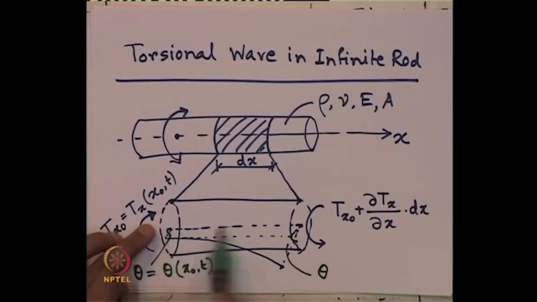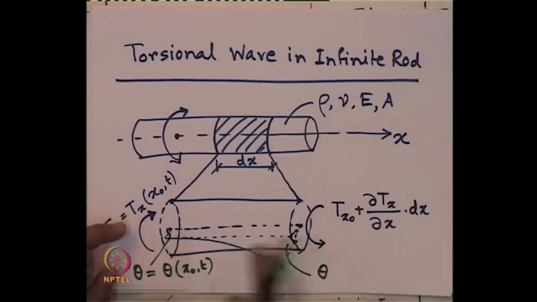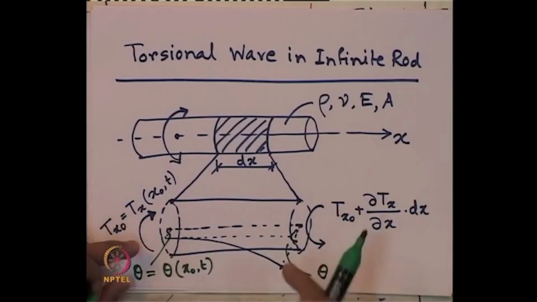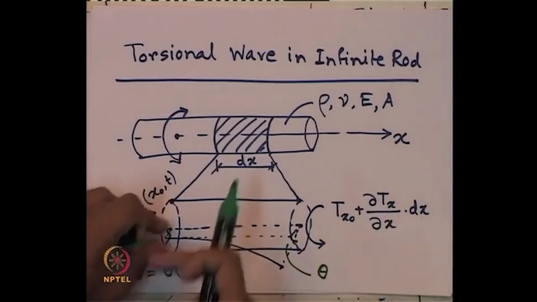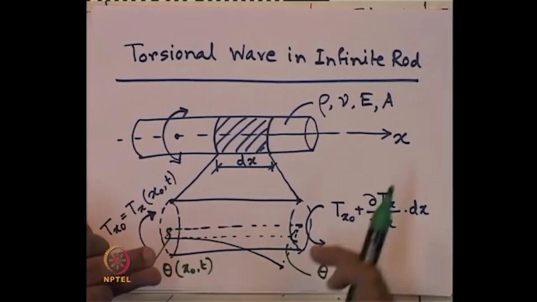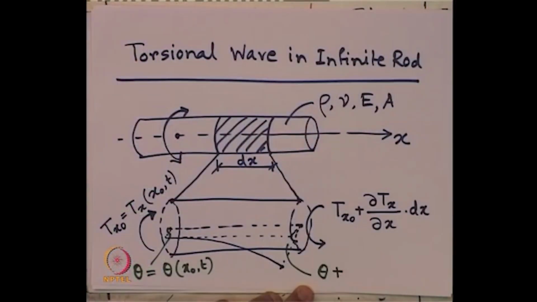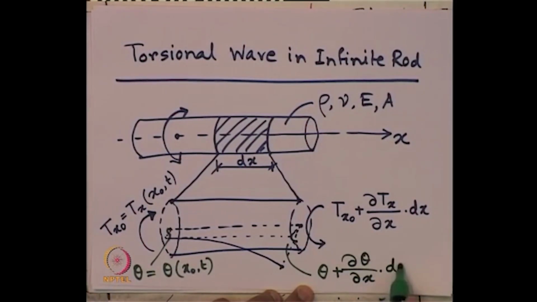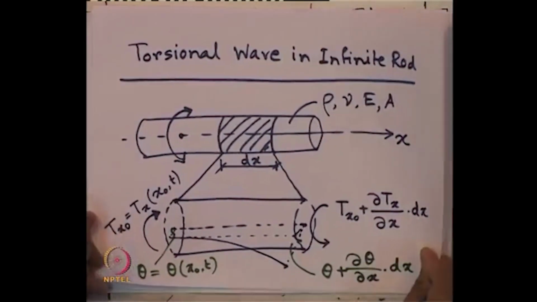I have shown the central line over here, that central line got further twisted, because there is a difference of the torque at both the ends. So, compared to this end, whatever got initially twisted, this will get further twisted. So, that additional twist we express here as theta plus del theta over the distance of dx. Okay.